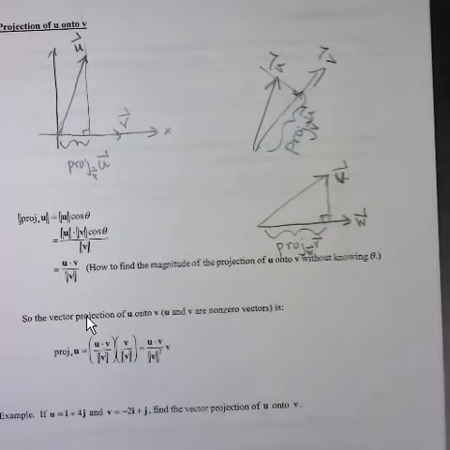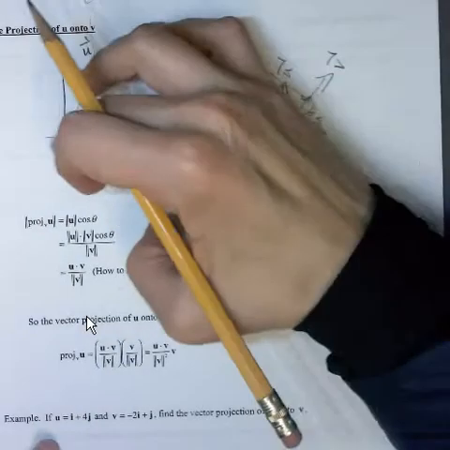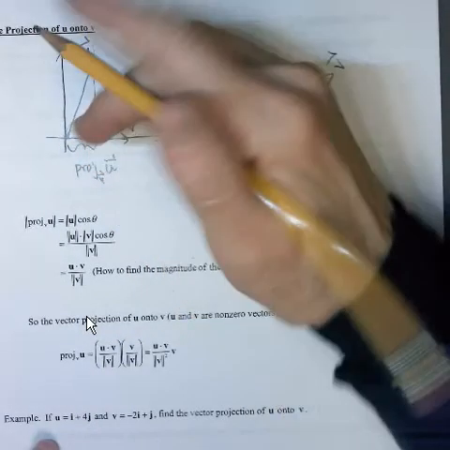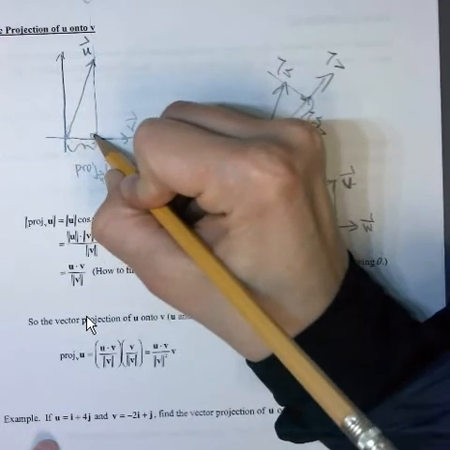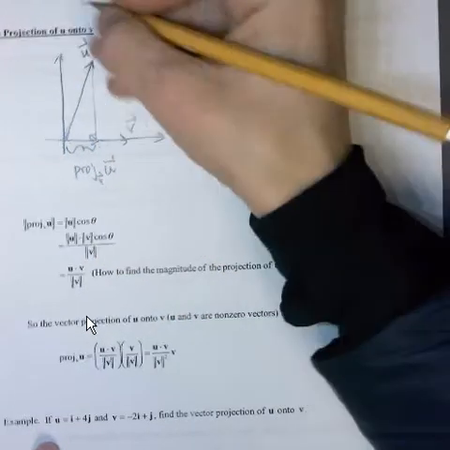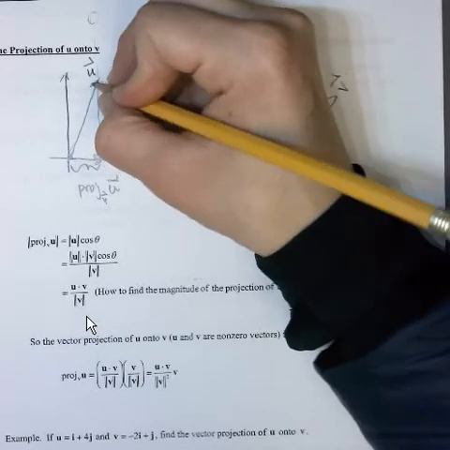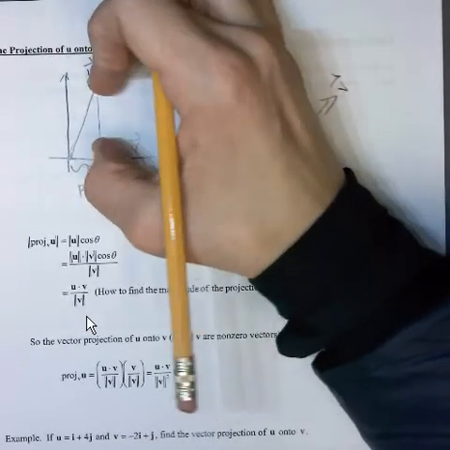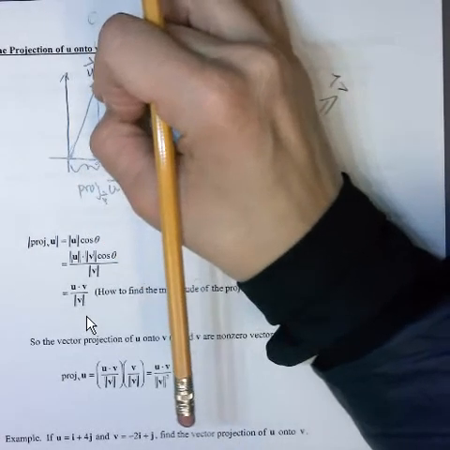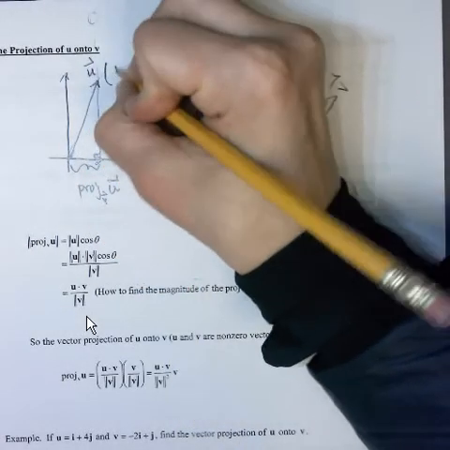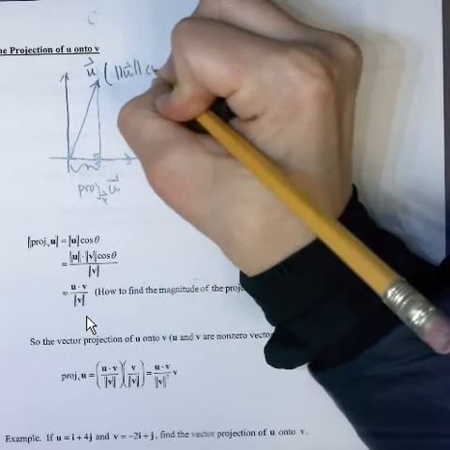Okay, so the reason I drew it in standard position here is because we can figure out how long this vector is. It will be the length of the horizontal component of vector u, right? Vector u is the magnitude of u cosine theta.